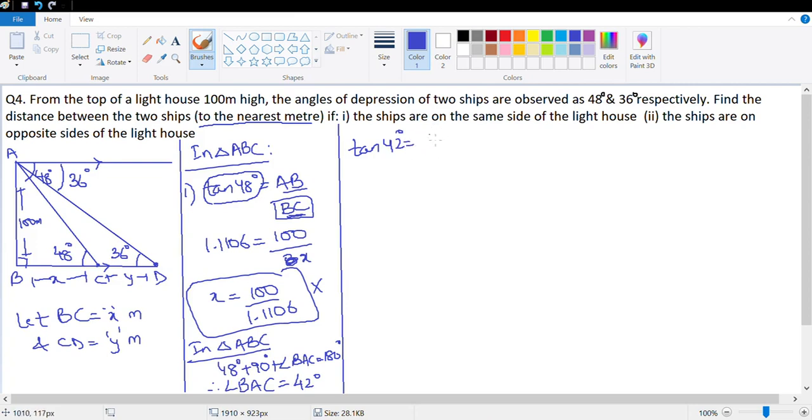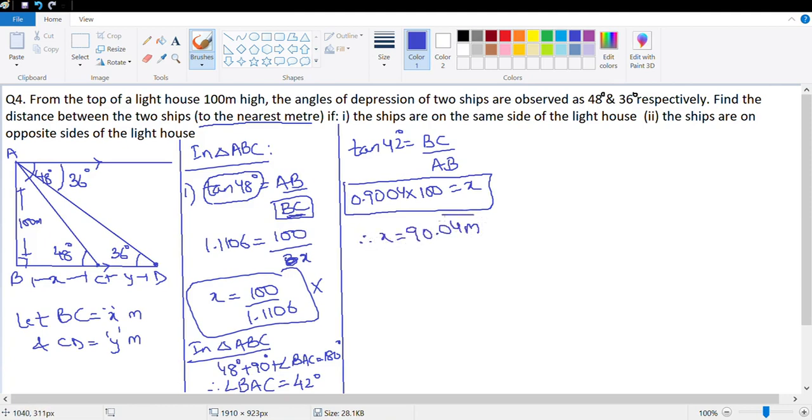Tan 42 degree in this case would be equal to BC upon AB. Tan 42 degree, the value is 0.9004 multiplied with AB, which is 100, is equal to BC, which is X. So I've got the value of X, therefore X is equal to 90.04 meter.